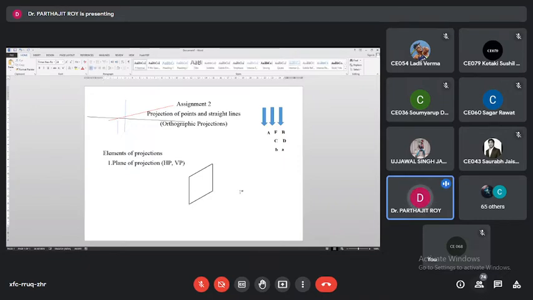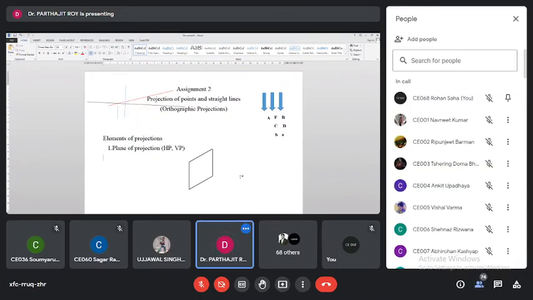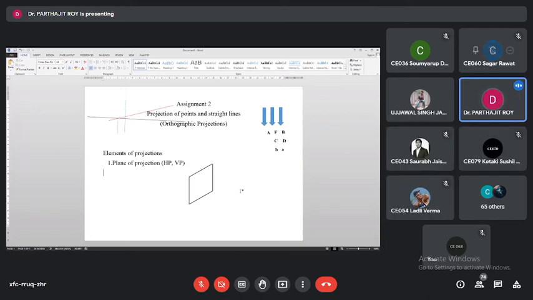Suppose this is a vertical plane. So in fact what happens, and similarly, let me consider a horizontal plane also.